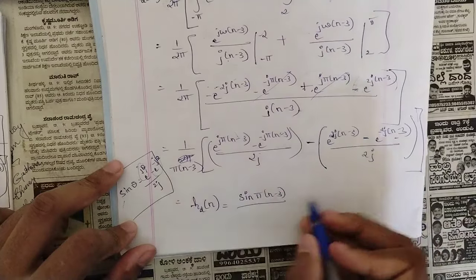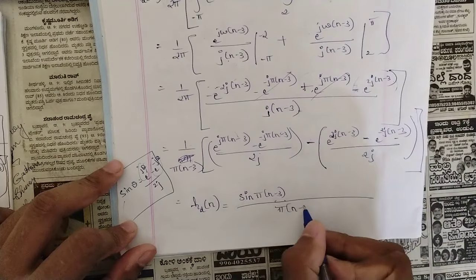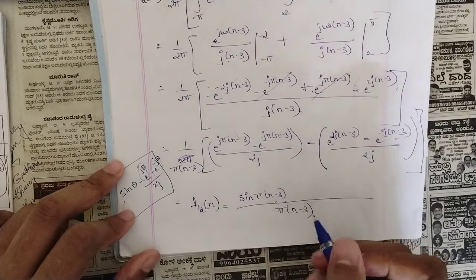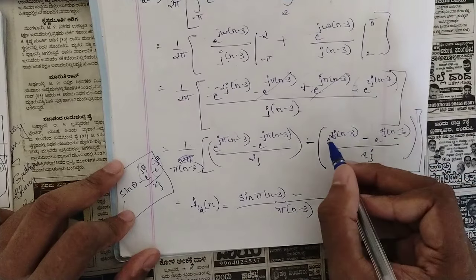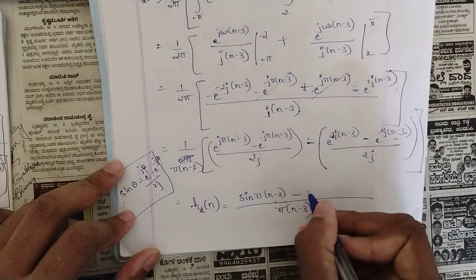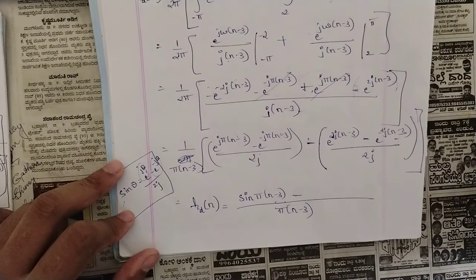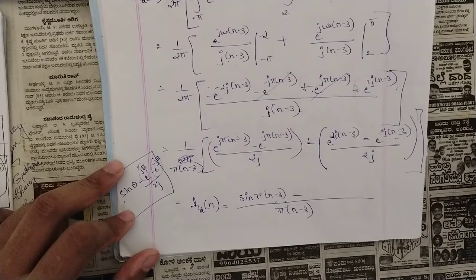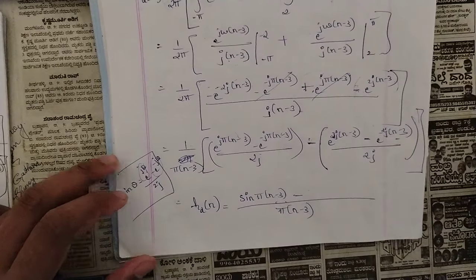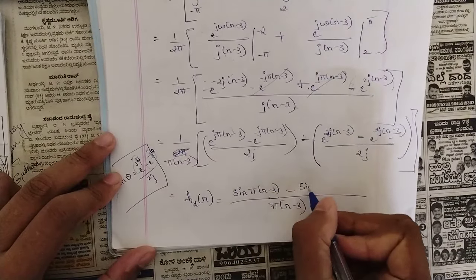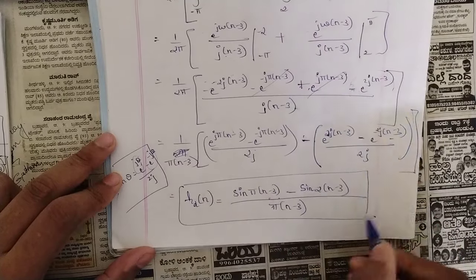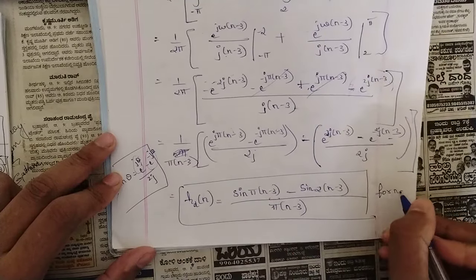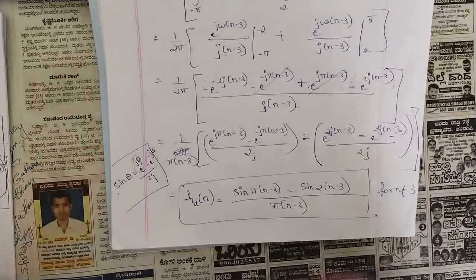Again we have a common denominator for both terms, and here minus this term, where the value of theta is 2 times (n minus 3), so sine of 2(n minus 3) divided by pi (n minus 3). So this is the value of hd of n for n not equal to 3. Like this you should be solving for high pass filters. Keep it in mind.